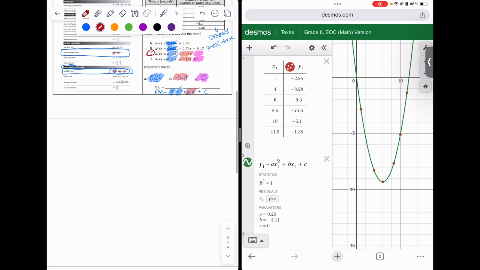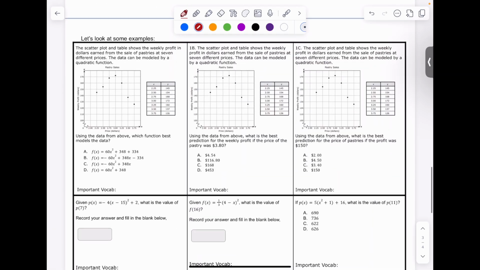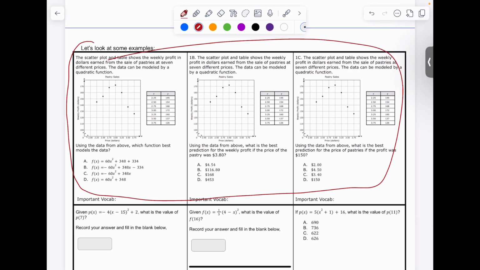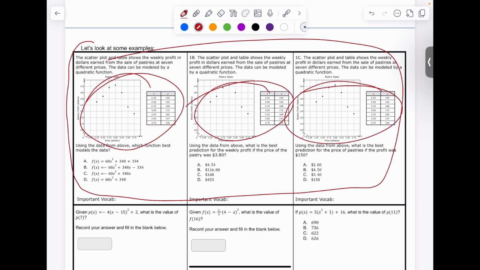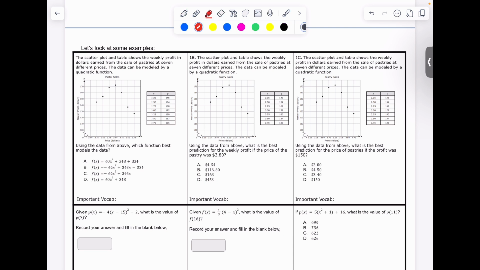Let's try one more, okay? So let's go and talk about these real quick. If you look at these three questions, the table and the graph, the table and the graph, they're all the same, okay? The only thing that is different is going to be the question part, okay? So see how they're all different?